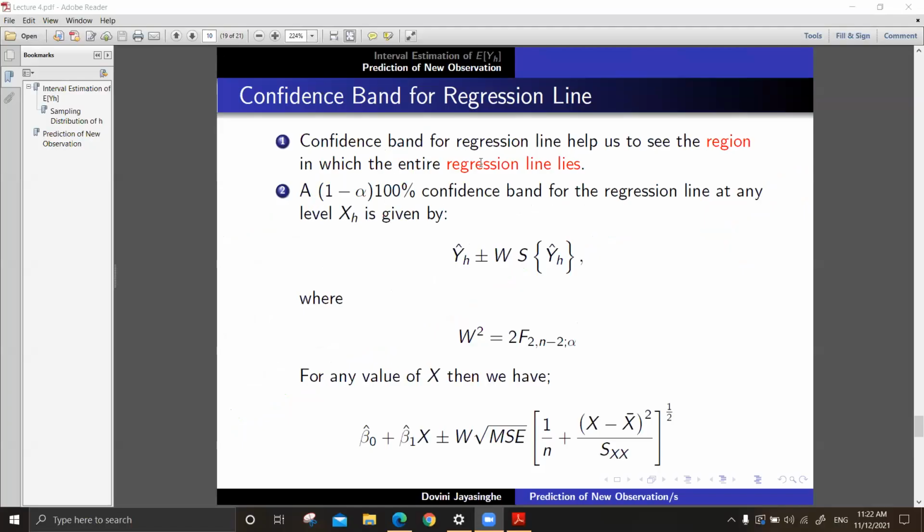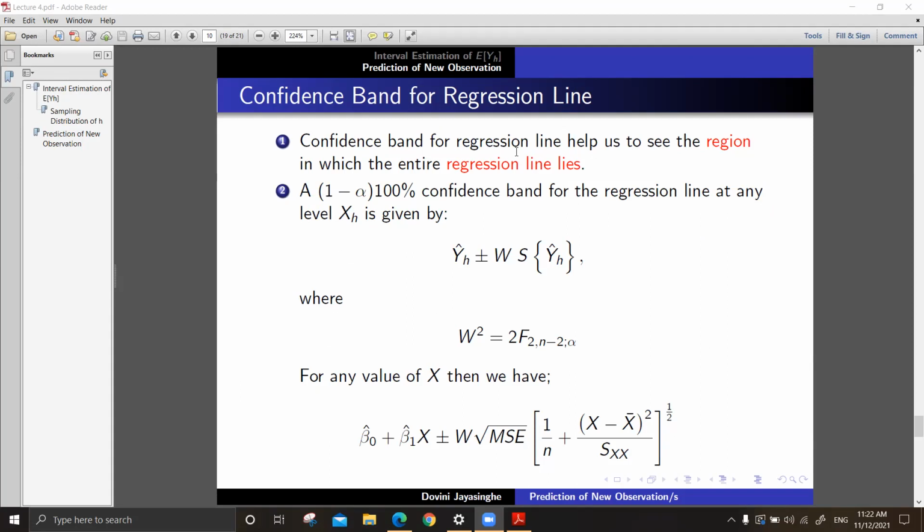So the confidence band for the regression line helps us to see the region in which the entire regression line lies. The confidence limits or the prediction limits are given to get some idea about a particular X level.